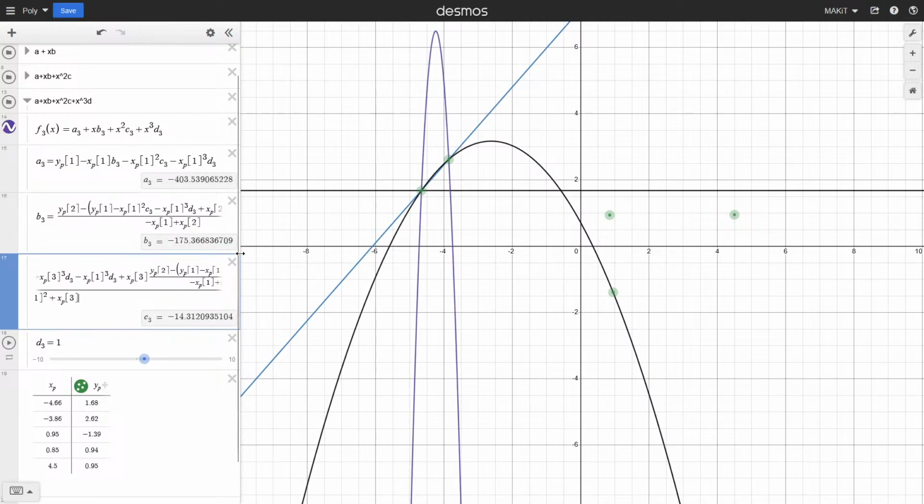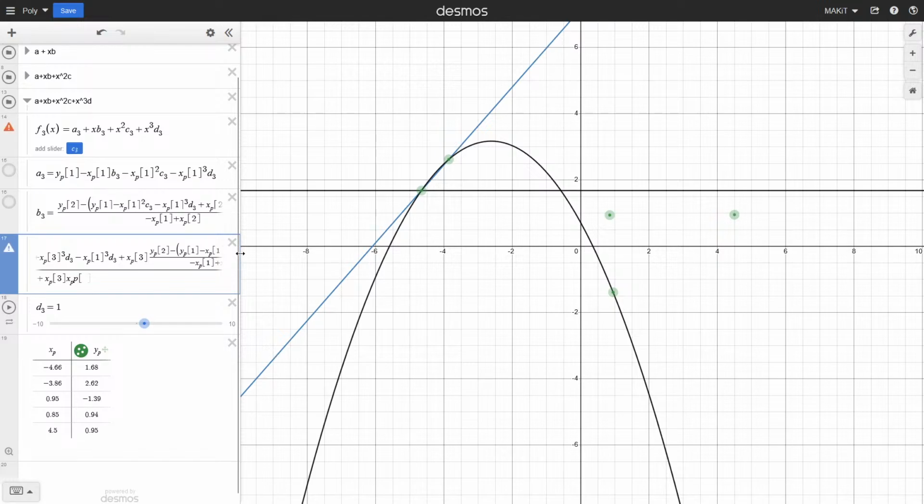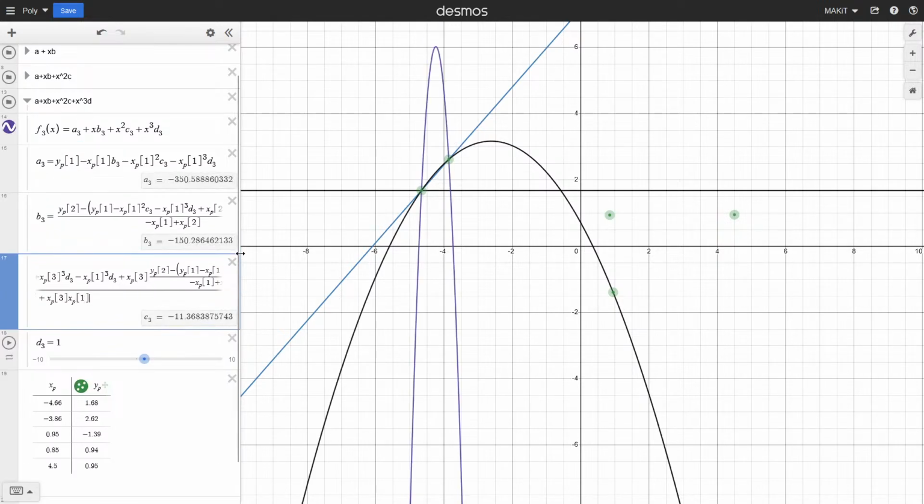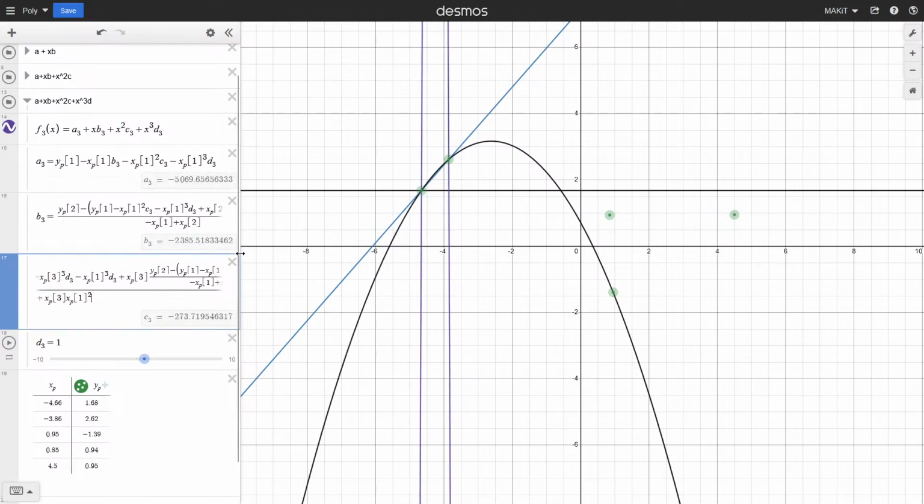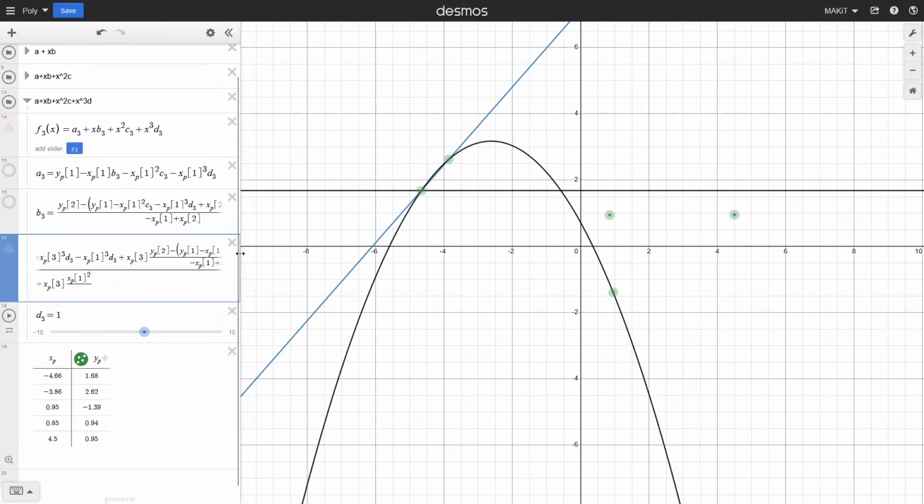plus x3 times x1 squared divided by, wait, squared minus, there's a minus and a plus, I have no idea who to trust.